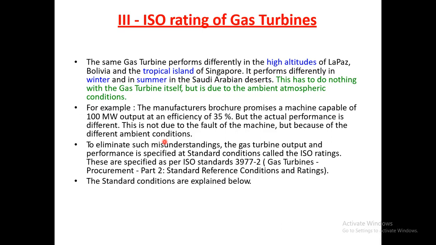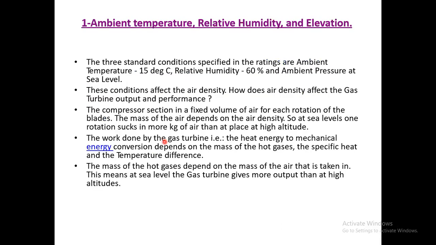The standard conditions are ambient temperature, relative humidity, and elevation. The three standard conditions specified in the rating are ambient temperature of 15 degrees centigrade, relative humidity of 60%, and ambient pressure at sea level. These conditions affect the air density.